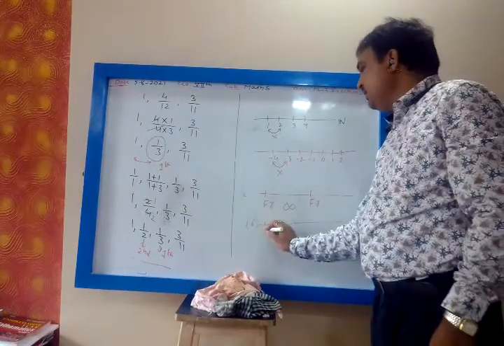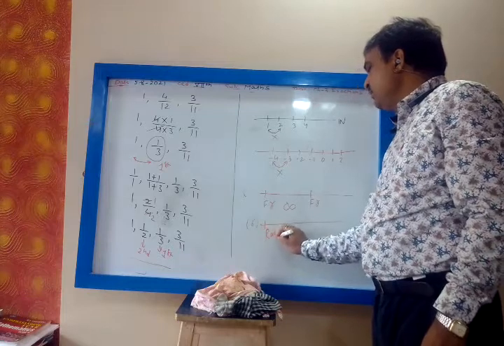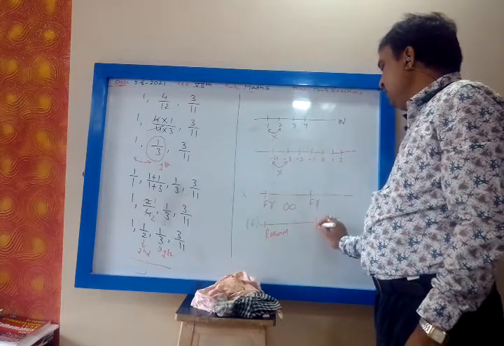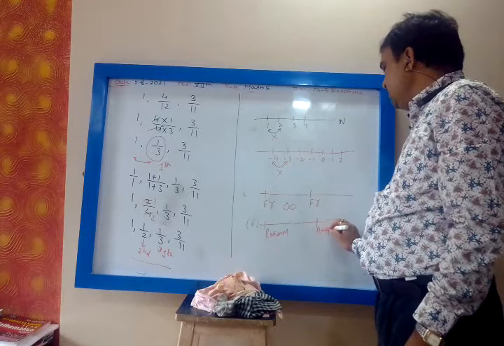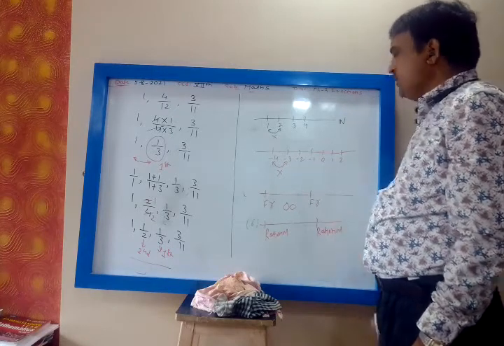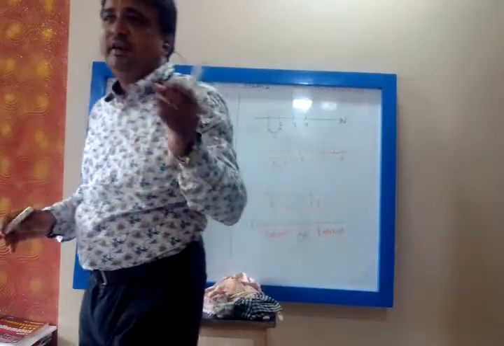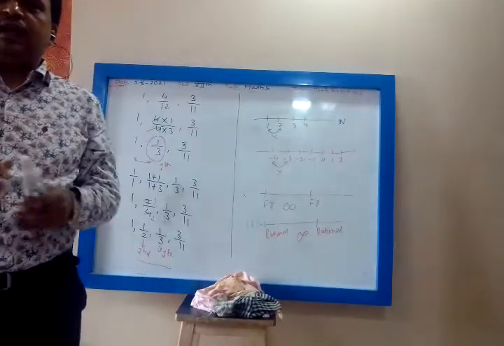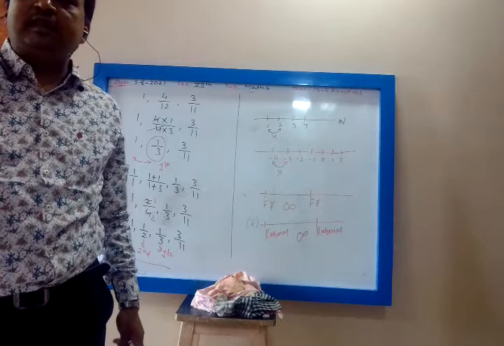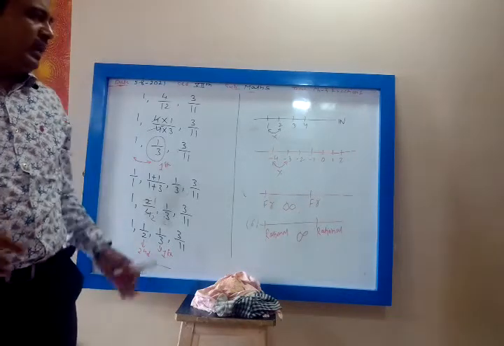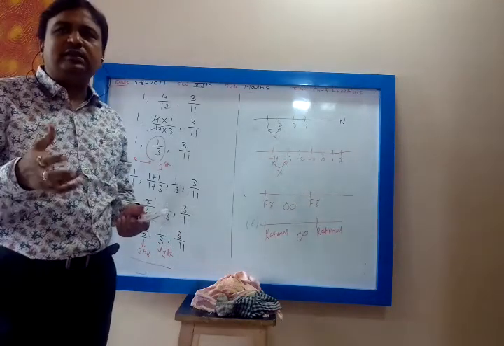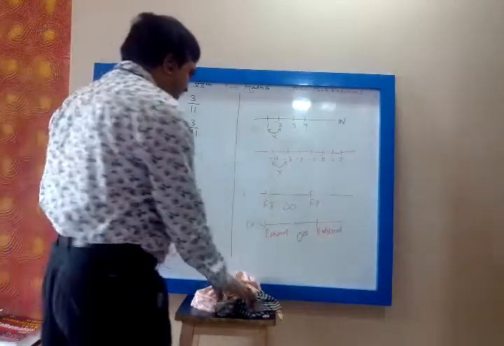Then next question. Between two rational numbers, one rational number and another rational number, how many rational numbers are there? Infinite. Because your rational number is the same as a fraction, no? What are rational numbers? Numerator upon denominator.